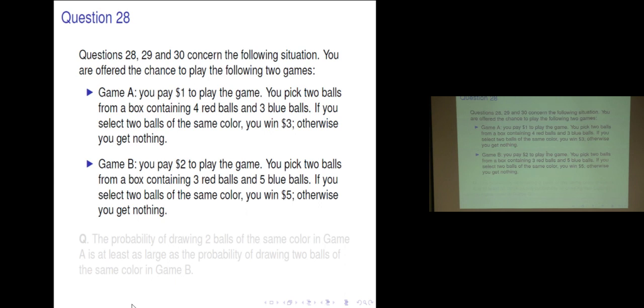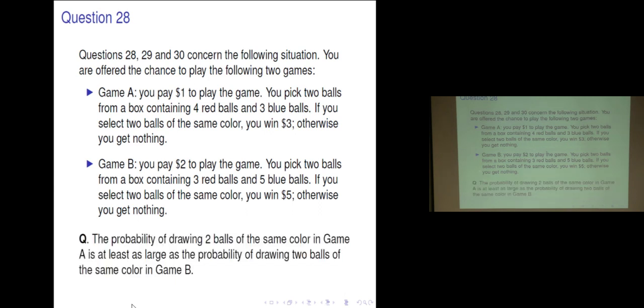Otherwise, you get nothing. So you're offered to play the 2 games. The question is, the probability of drawing 2 balls of the same color in game A is at least as large as the probability of drawing 2 balls of the same color in B. So first we calculate the probability.